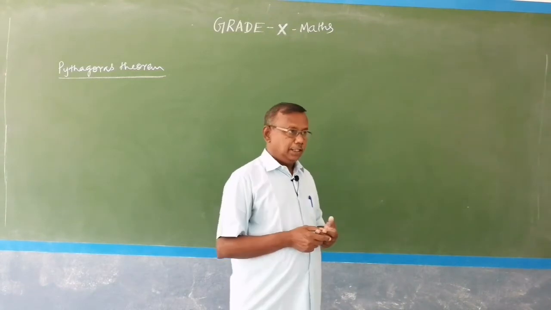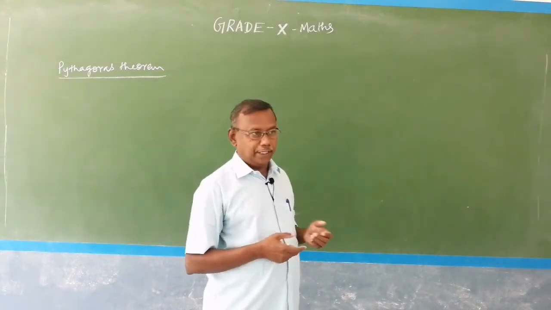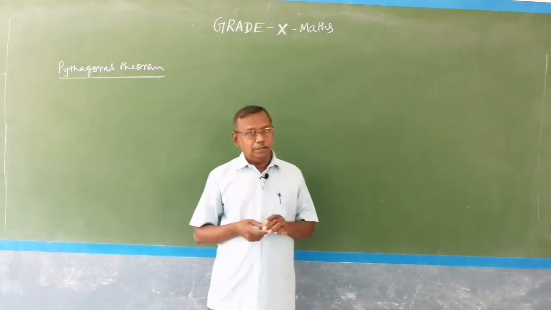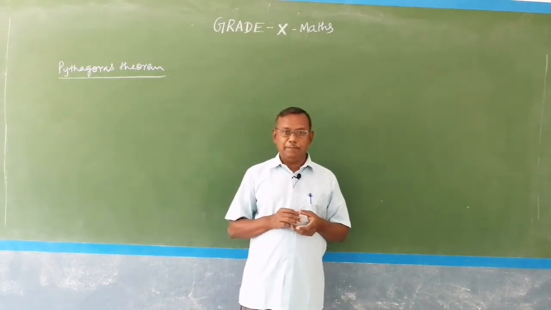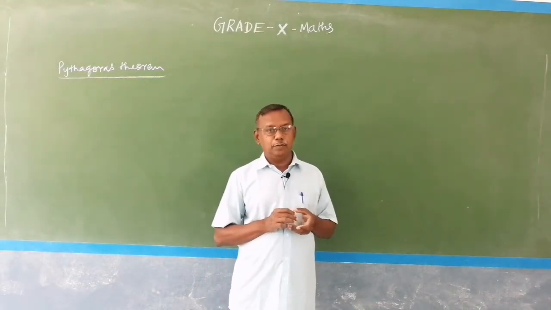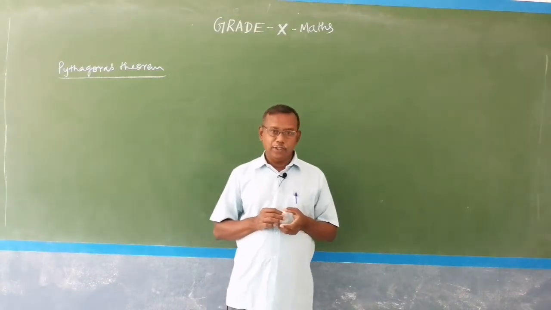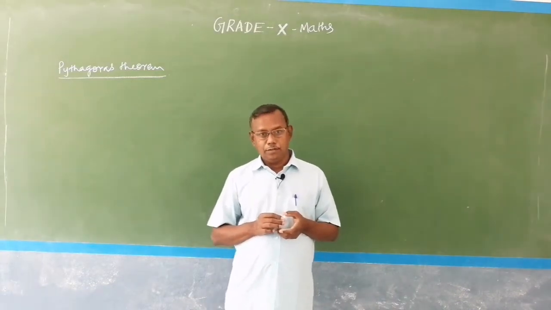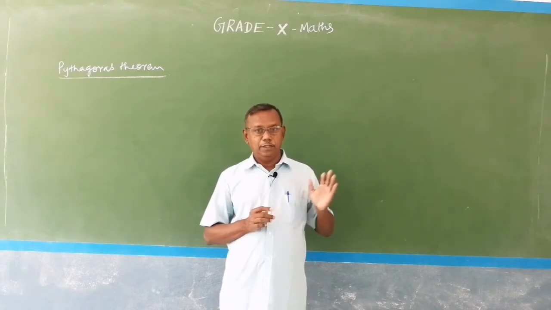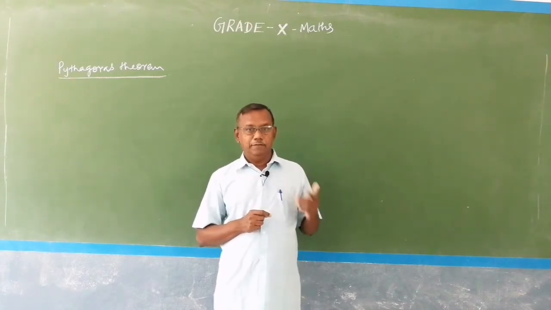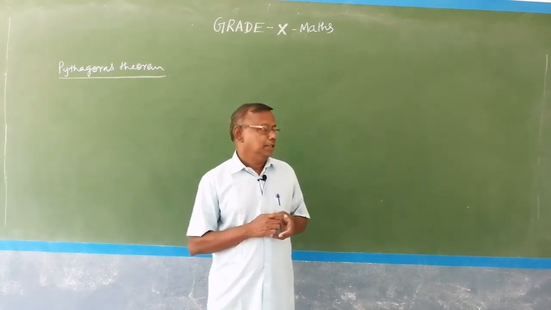But there are so many proofs. Using trigonometry, we can prove that. Even some other concepts can be used to prove Pythagoras theorem. But here we are studying only similarity of triangles, so we have to use that concept only. Using the similarity of triangles, we have to prove this Pythagoras theorem.